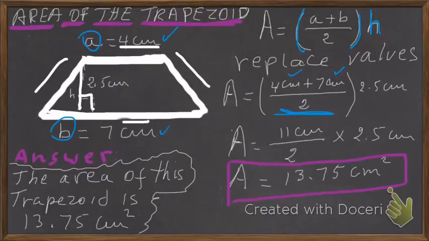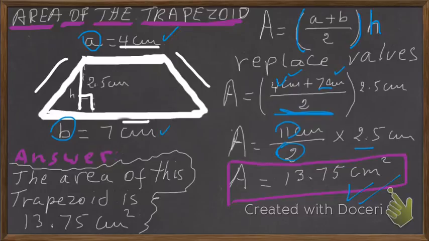So I'm going to add 4 plus 7 divided by 2. That gives me 11 divided by 2, which is 5.5. And when I multiply 5.5 times 2.5, I get the answer 13.75 centimeters squared. That's the unit for the trapezoid.